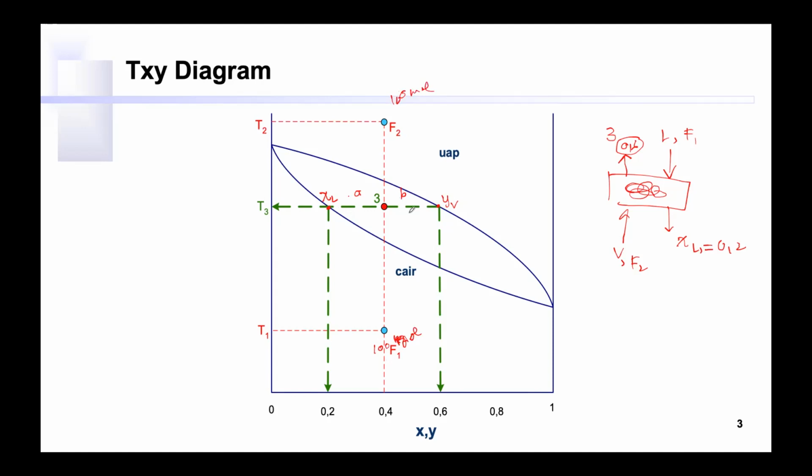For the vapor, 100 mole, and the component A would be 0.6 divided by 100. So 0.6, that would be 60 mole.